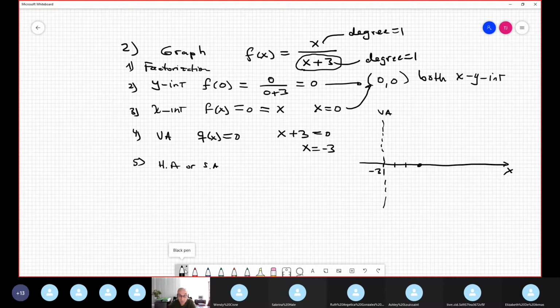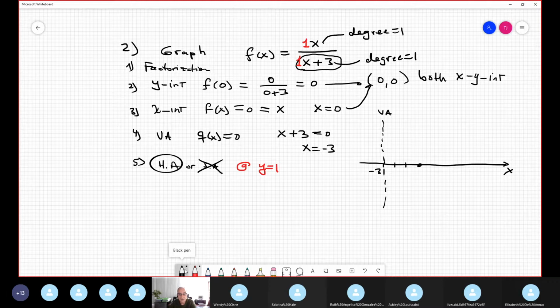I know the rule that when the degree is the same, we have a horizontal asymptote and no slant. It is the division of the leading coefficients, which is 1 here and 1 here. So it is obvious that at y equals 1, we have the horizontal asymptote.